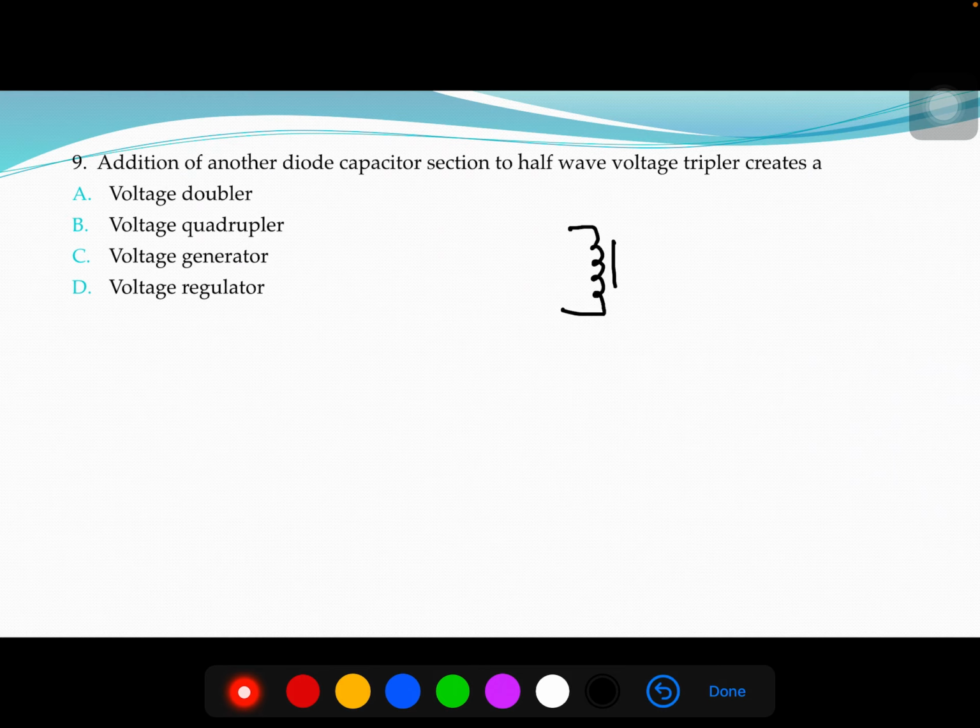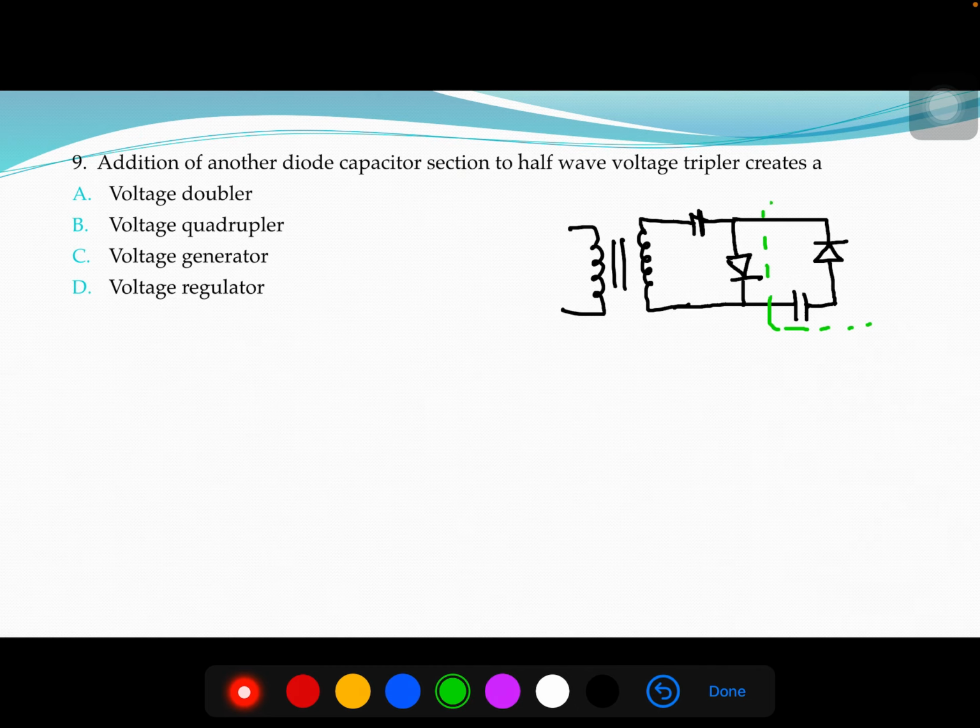This is the transformer, okay, and this is the capacitor, this is the diode. So as you can see, I keep on adding a capacitor and a diode section.